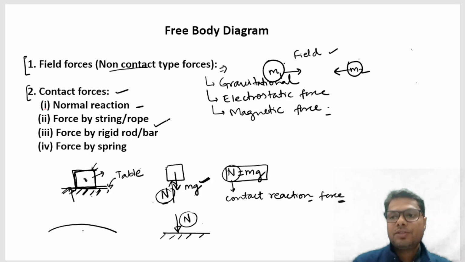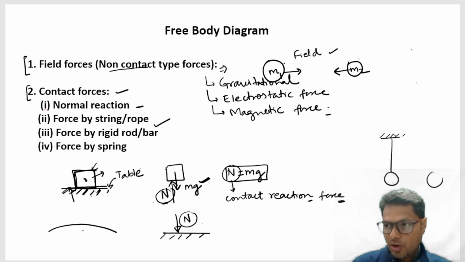Then force by string. When a body is connected with a string and the string is tight, the string always pulls the body towards it. For example, a ball is hanging with the help of a string from a ceiling, and we have to draw the free body diagram of this ball.